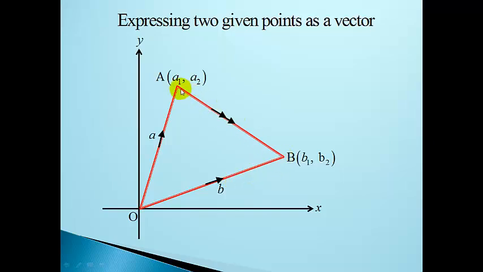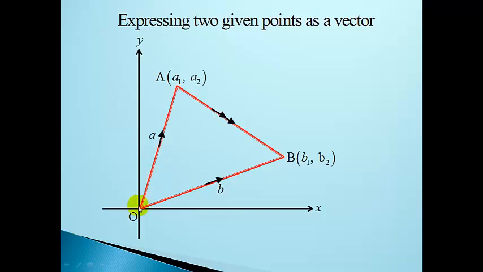That means that moving from A to B, that is AB, is the same as minus A plus B. The reason why it's minus A from moving from A to O is that we are going opposite to the direction of the vector as shown by the arrow.